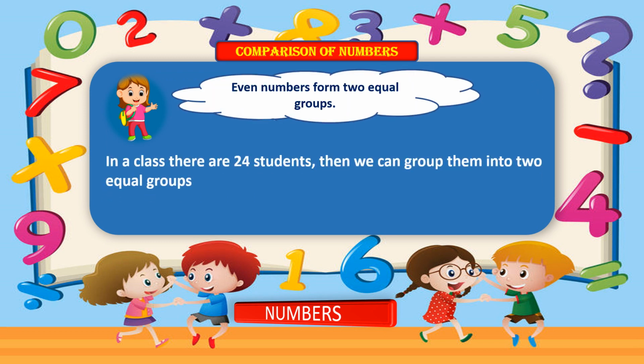Even numbers form two equal groups. In a class there are 24 students. Then we can group them into two equal groups. That is, 24 equals 12 plus 12.